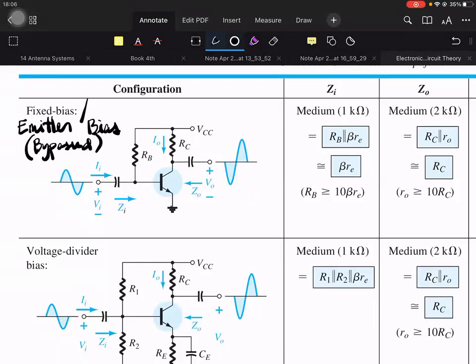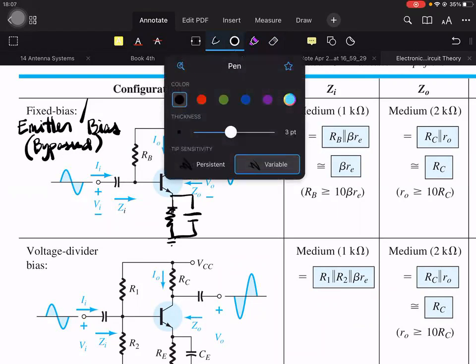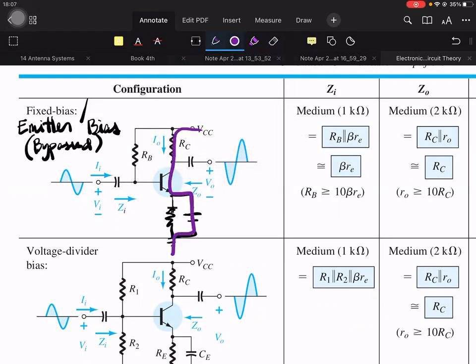Notice that the emitter bias circuits we learned previously had a capacitor C right there. So when it comes to AC, magically it disappears because it is bypassed. Current will flow not anymore to the resistor but to the capacitor, in the AC domain. So current will flow in this direction now, and that's why the resistor RE is gone. In effect, in the AC analysis, fixed bias and emitter bias are the same.